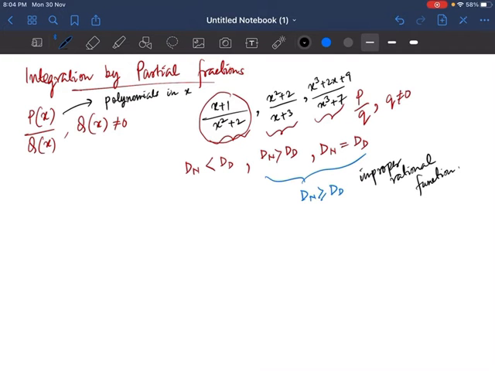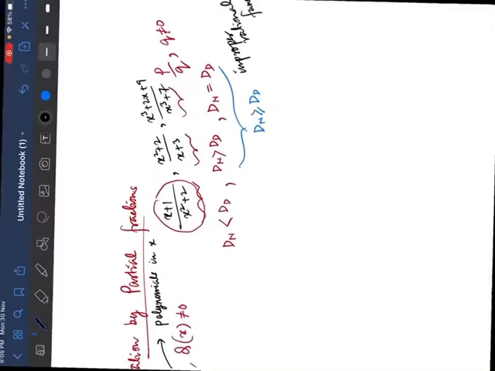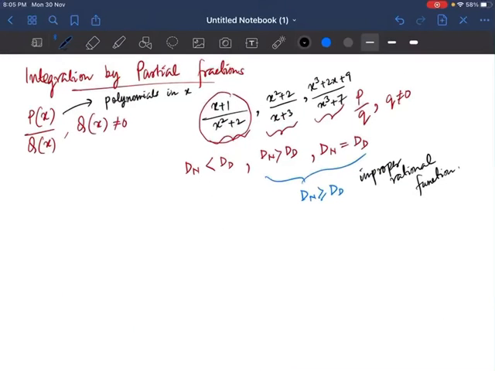And the last one, where the degree of the numerator is less than the degree of the denominator, is known as a proper rational function. So integration of proper rational functions can be easily done.